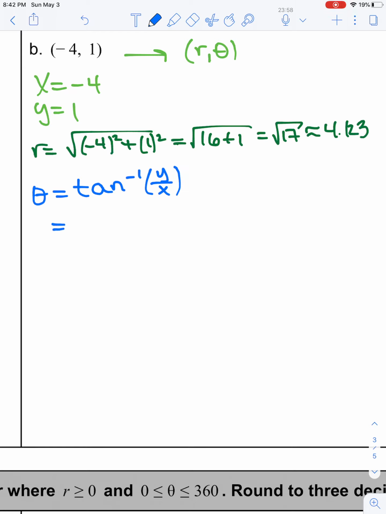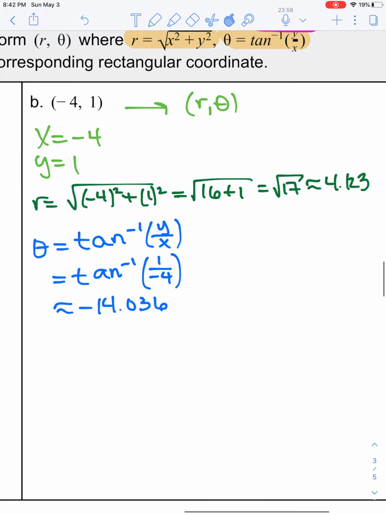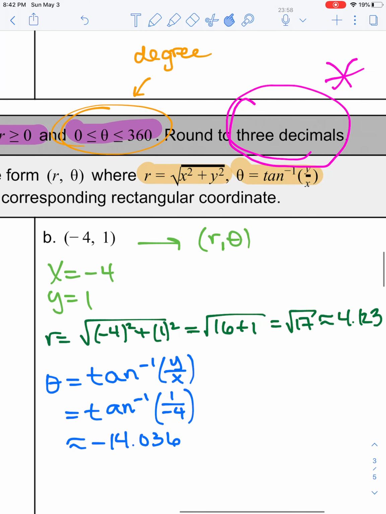Okay, so inverse tangent of y, which is 1, over x, which is -4, gives us a theta value of -14.036, which makes me pause because I was told that my theta values, remember, were supposed to be between 0 and 360 degrees.